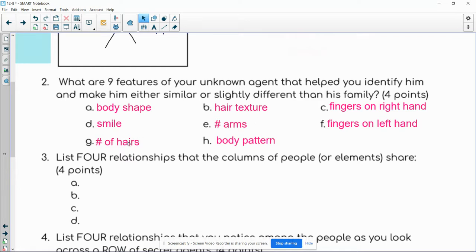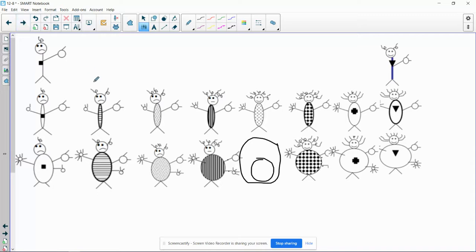And then, what are 4 relationships that columns share on question 3? That means, what do these things have in common in a column? A column is vertical, and so vertically they'd have the same type of hair and the same number of hairs.